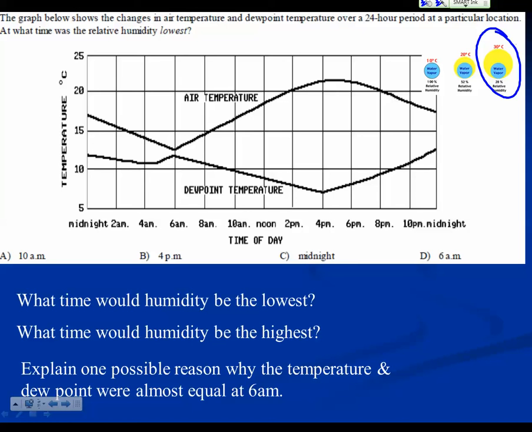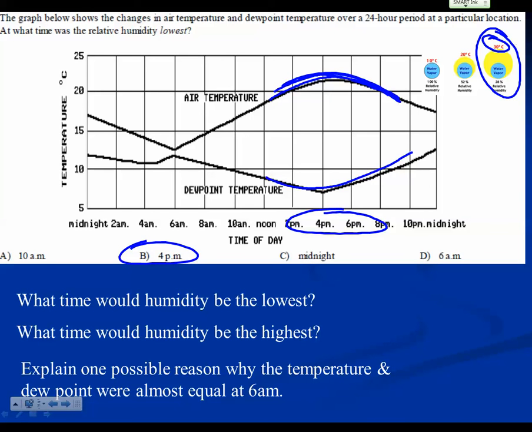When the air can have a lot more water in it, the air is much warmer. So the relative humidity would be lowest when the air temperature is really warm and the dew point temperature would be low. The warmer air temperature is the key here. And that happens in the afternoon between 4 and 6 p.m. So the best answer here would probably be 4 p.m.